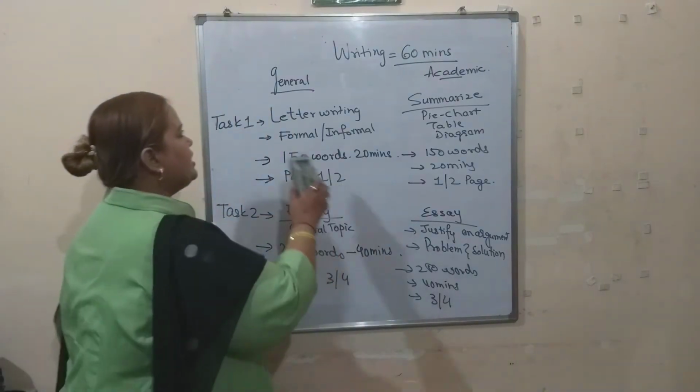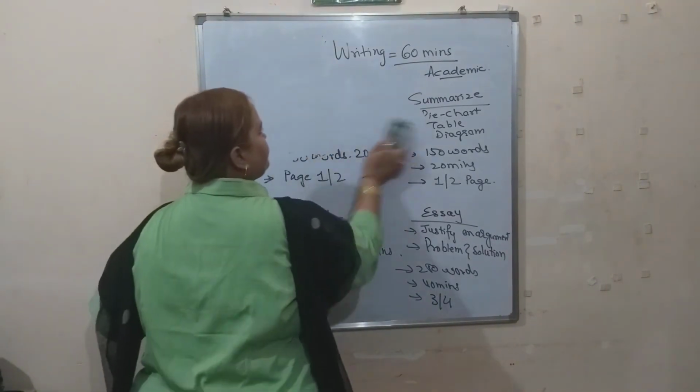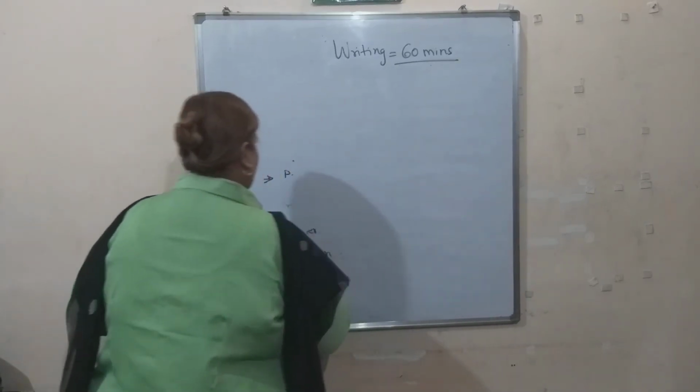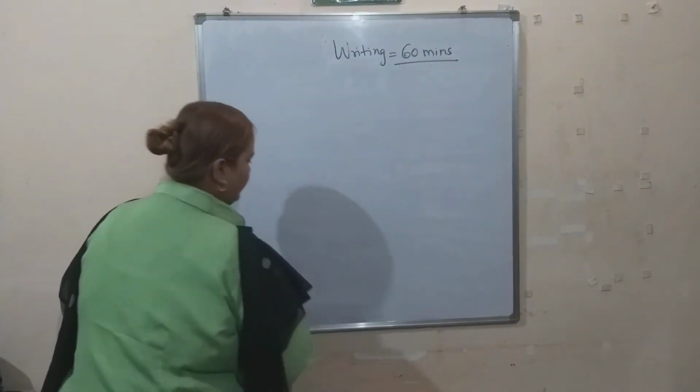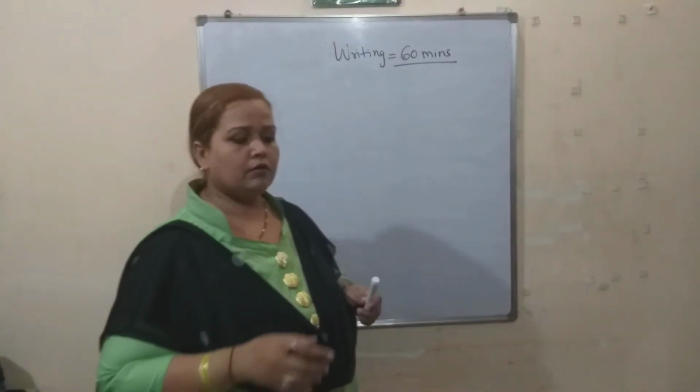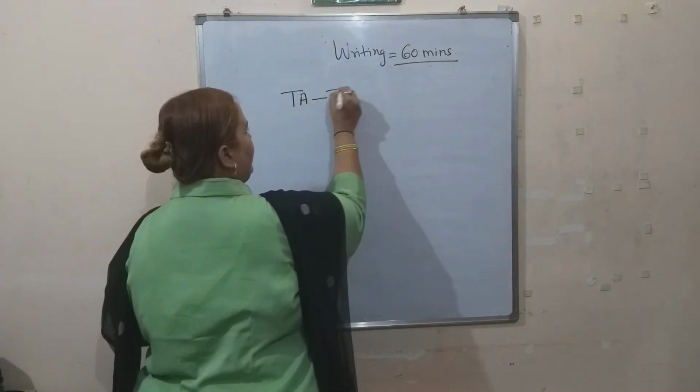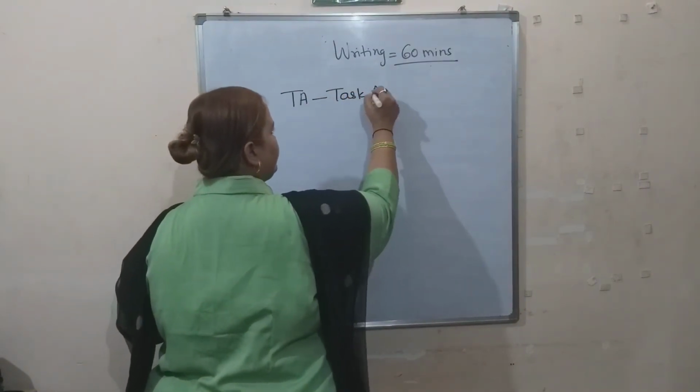Let's go and see how your writing is judged by the examiner. It is judged on 4 things. Very first is TA, which means task achievement.